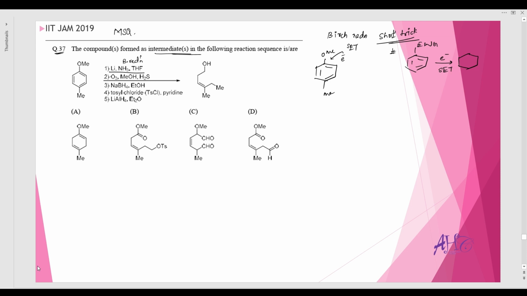So alkene எப்படி form ஆகும்னா, this will be formed. While if you have your electron donating group, you'll get an alkene in the bridgehead position. So electron donating group இருக்க இடத்துல you'll get your alkene. So this is going to be the product.